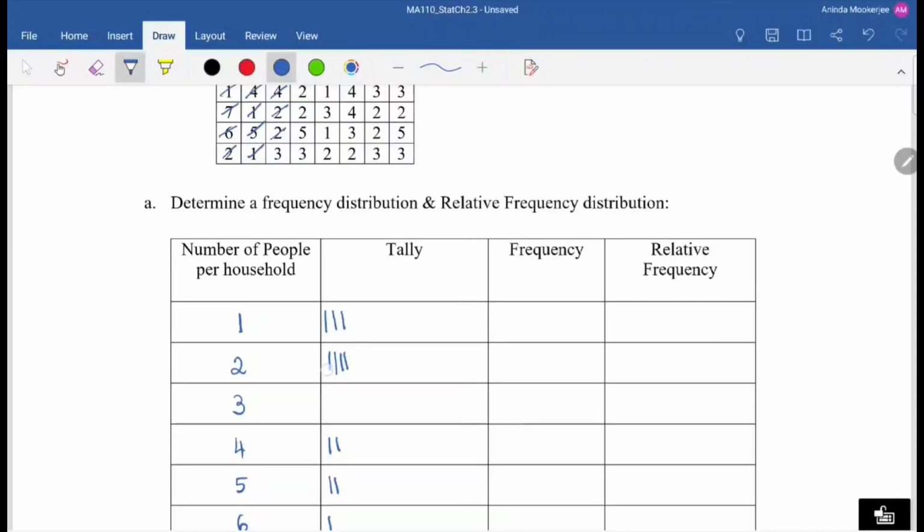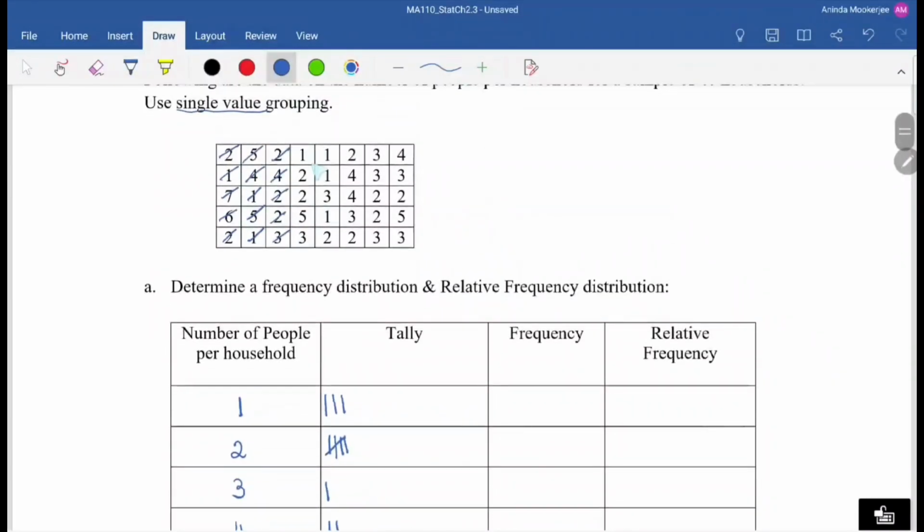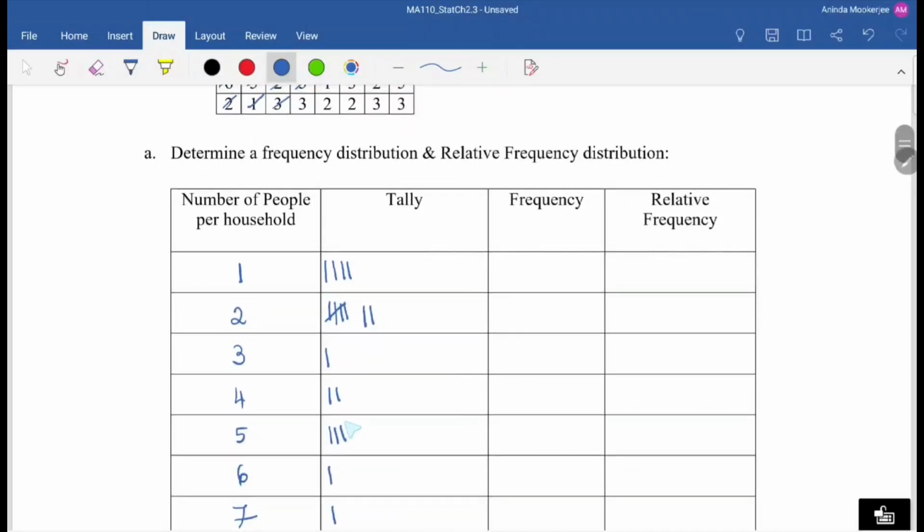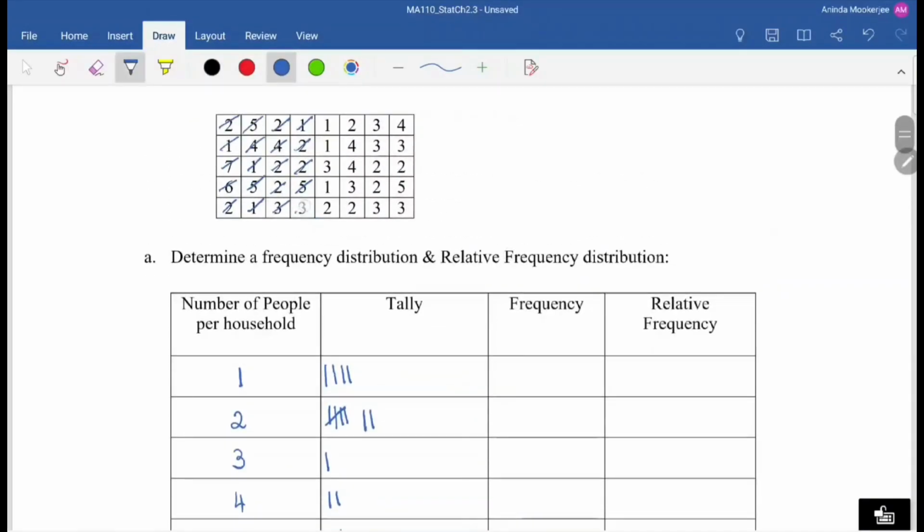I'm going to put a line across the 4 to make it a bundle so I can count by 5s. All right, so then I have a 3. Let's continue this. Then I have a 1. Then I have a 2. Another 2. A 5.